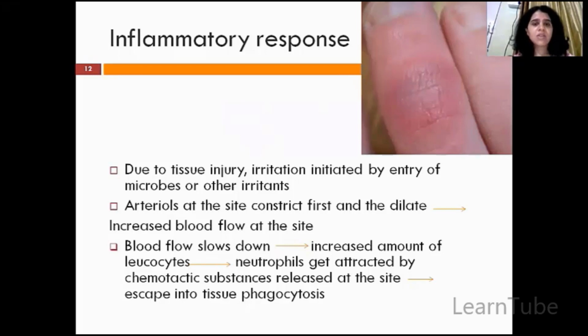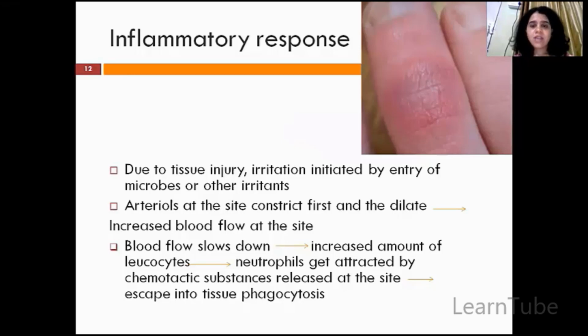Why do they constrict? Because if there is any bleeding or cut, the body first has to stop the bleeding, it has to stop the flow of blood. So all the arterioles contract initially, and once the blood stops, then they dilate. Why do they dilate? Because they have to increase the blood flow to the site of injury.